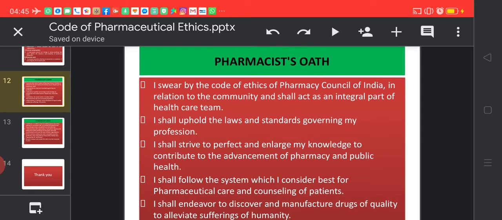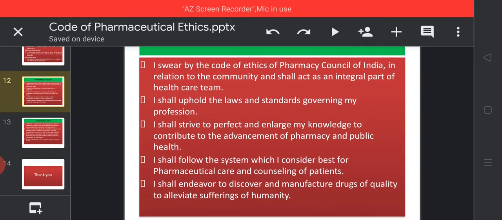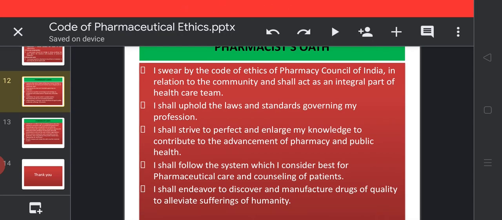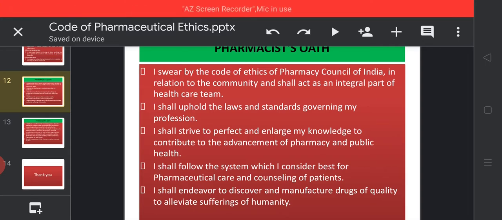Definitely we should follow the systems, follow the disciplinary actions, the basic principles and objectives which we should consider best for each and every pharmaceutical care and counseling of patients. जब भी हम पेशेंट्स की काउंसलिंग कर रहे हैं, पेशेंट्स की हेल्थ केयर के बारे में हम काम कर रहे हैं, then definitely we have to take the following considerations, the best considerations regarding counseling of patients.